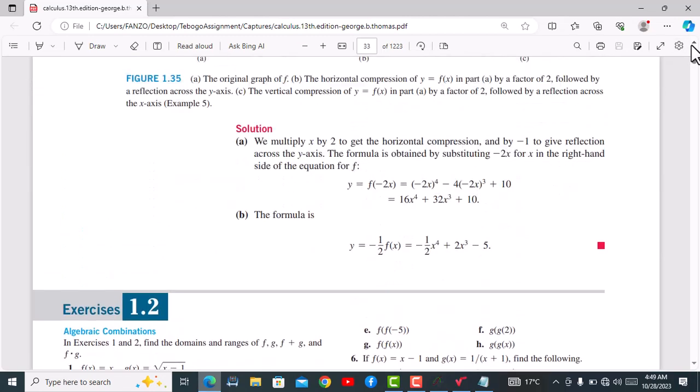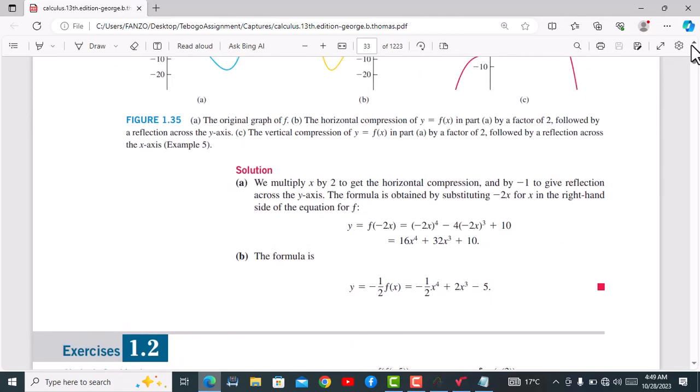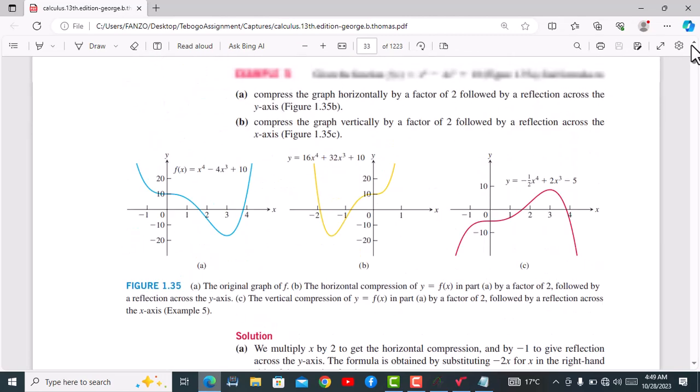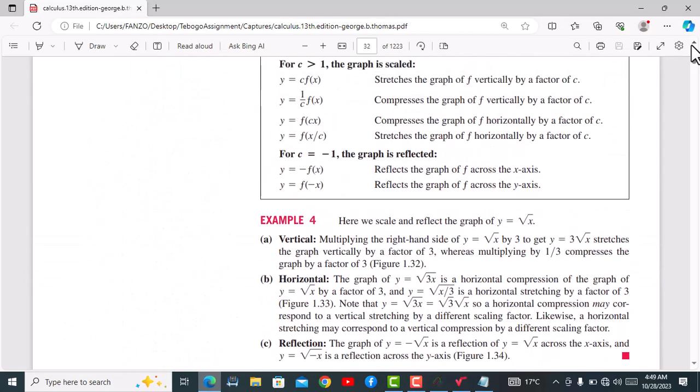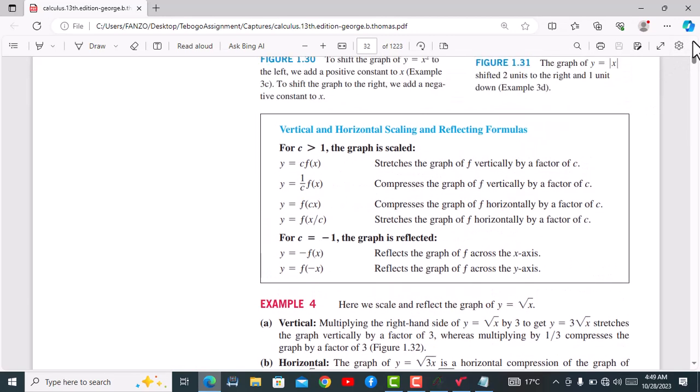This becomes very simple. What we are going to do in the next tutorial, let me just check. Let me just go through a few things for clarity purposes.